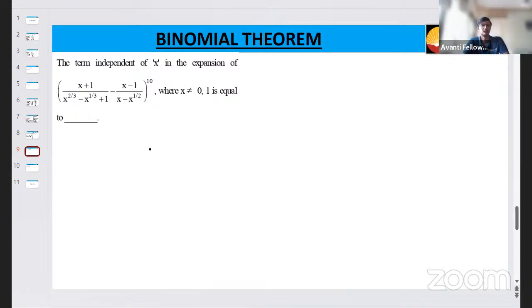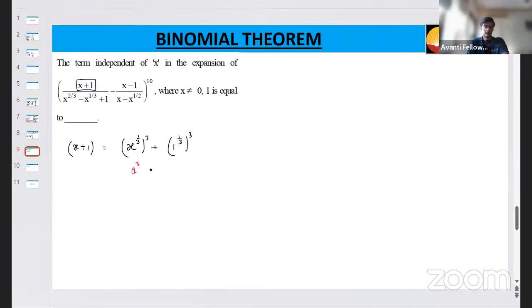The term independent of x in the expansion of, so let us first take this. x plus 1 को I can write x raised to the power 1/3 the whole cube plus 1 raised to the power 4, the whole cube. सो ये क्या बन गया?